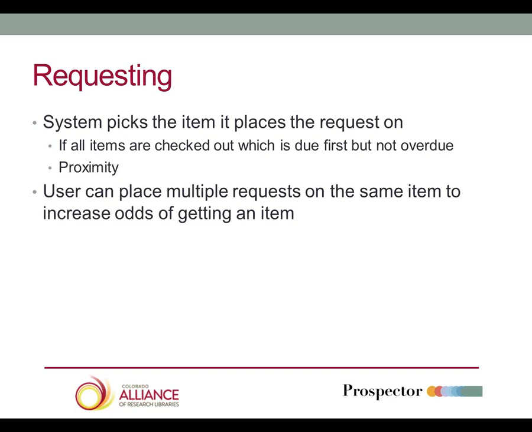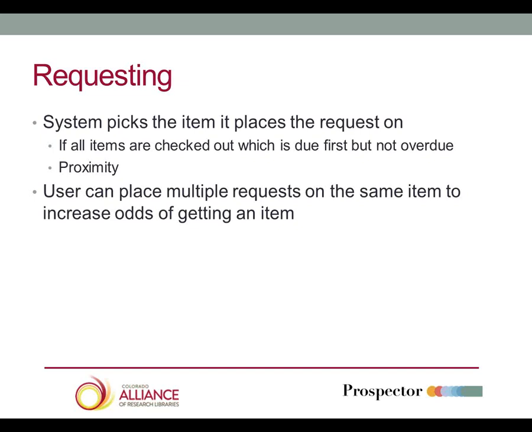The other thing the system will do is, if there's a series of items on a particular record and someone wants to place a hold and all these items are checked out, it's going to look for the one that is the soonest to come back but not overdue, because if it's overdue it assumes that it will not be coming back.